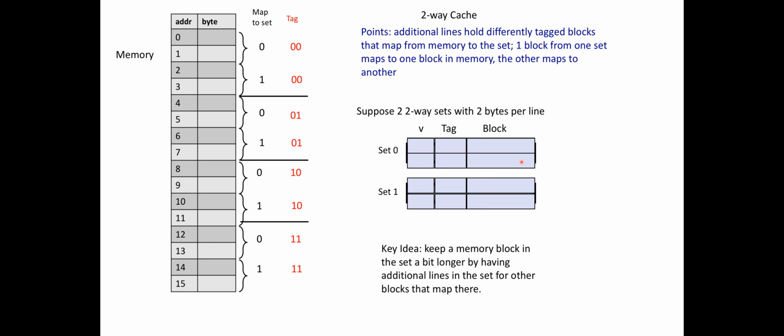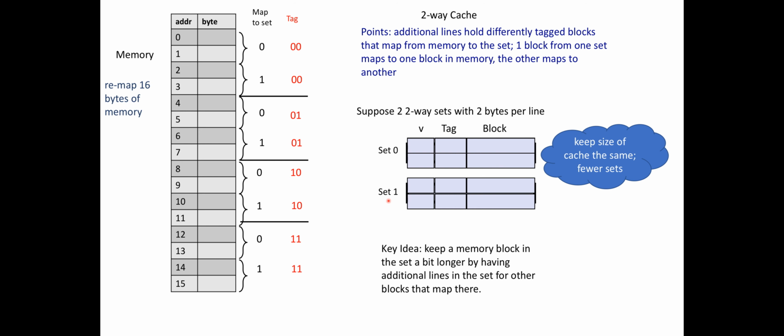And now in this particular case, we kept the size of the cache the same. So what that meant was we went down from 4 sets to 2. And what that does mean then is that we've ended up over here with a remapping. So we've only got set 0 and set 1, and then we start over set 0, set 1, set 0, set 1.